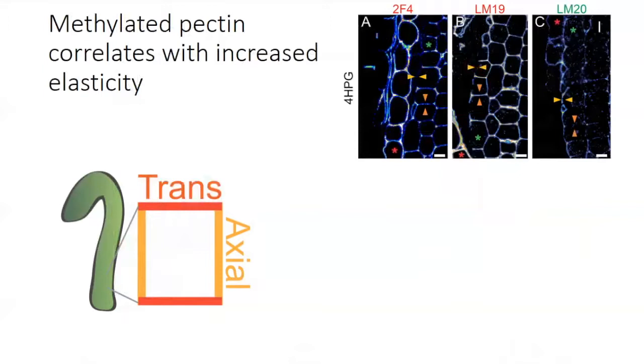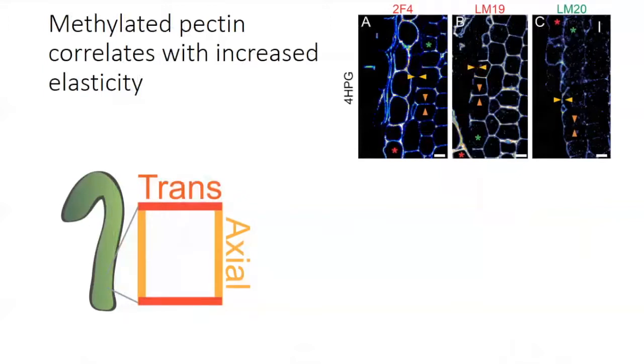What you can hopefully see is that in the epidermal file, these two more rigid pectin markers have higher signal on the transverse walls than they tend to have on the axial walls. And the opposite is true for the softer pectin marker, LM20, where you have more signal on the axial walls and less on the transverse.